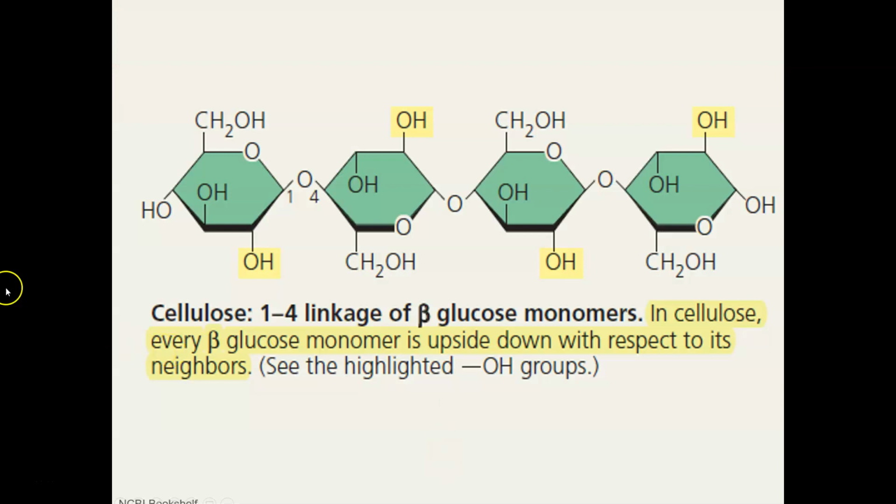So when you link, again, thousands of them together, you have right side up, upside down, right side up, upside down. So that gives cellulose a different structure than the starch. Remember, the starch consisted of amylose and amylopectin that was held together by alpha bonds. The cellulose is made up of beta bonds.